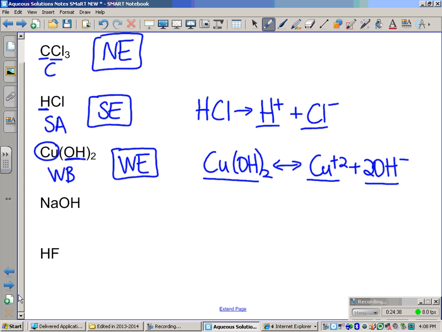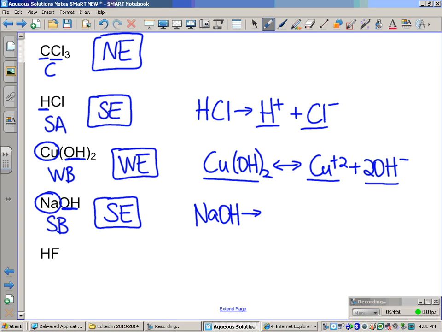All right, next one, NaOH, base. Na is one of your strong bases, so a strong base will be a strong electrolyte. Strong electrolytes completely dissociate. So we're going to write the dissociation as NaOH breaking up into its ions, which are Na plus and OH minus.